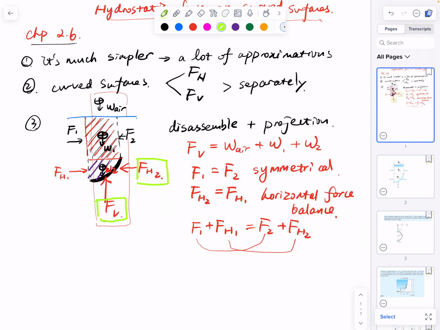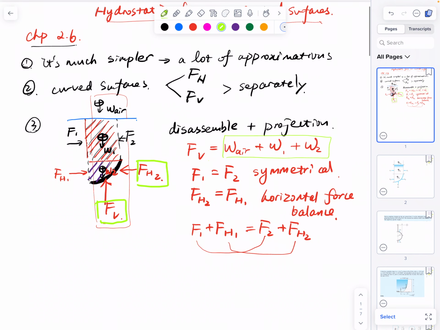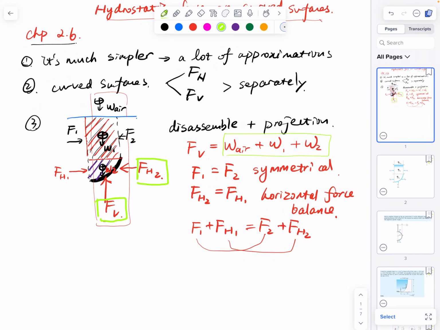It's pretty straightforward that your FV equals the weight from all above, including air, W1, W2. So you need to define the body and then just calculate the weight of the body. Sometimes you don't need to consider W air because when it's very deep, theoretically you do need to consider it, but the influence of atmospheric pressure can be negligible.